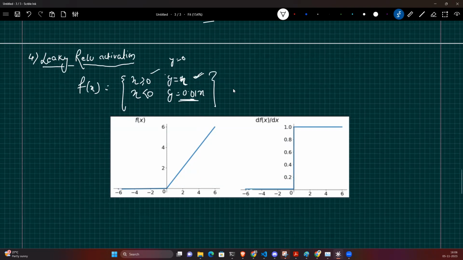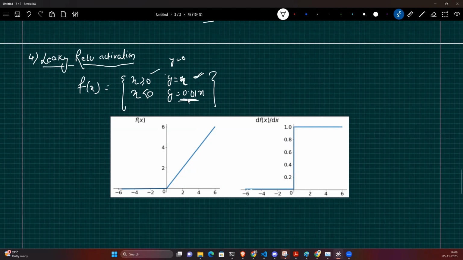So I was talking about how there are still some disadvantages. What is the disadvantage in the case of leaky ReLU? You can see that in the case of x less than 0, the value of y follows a very static rule. It is not learning anything, right?